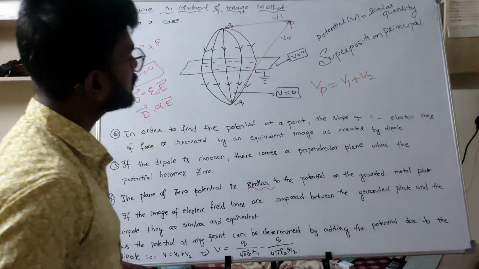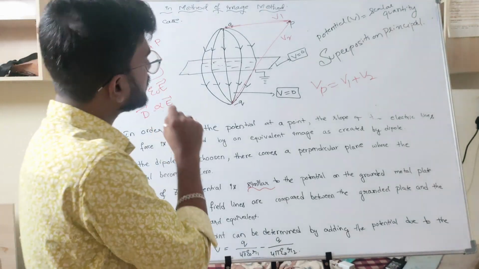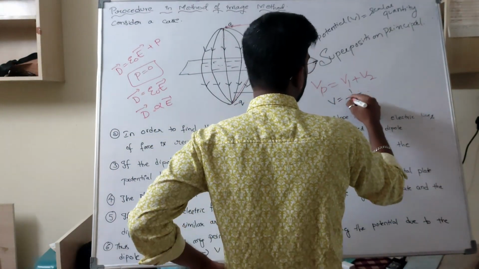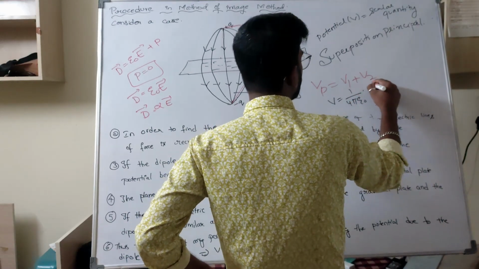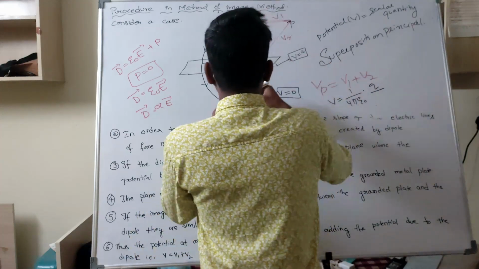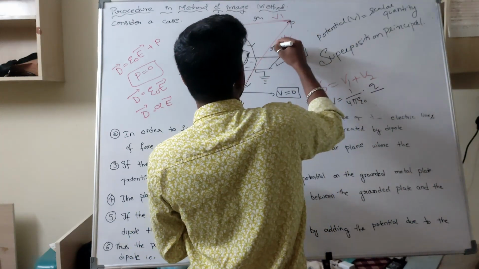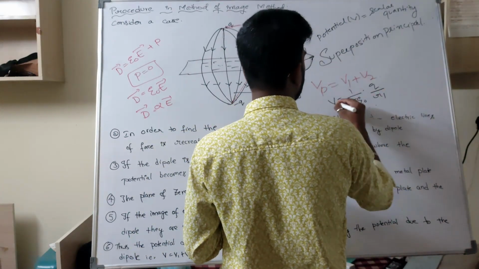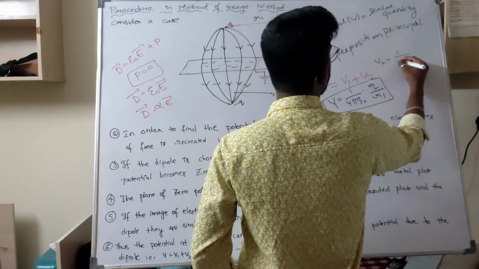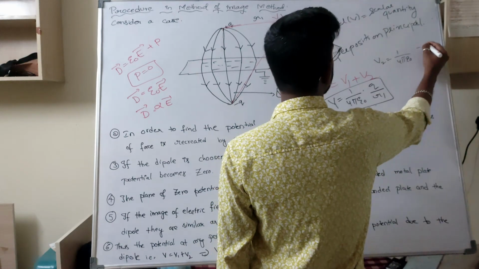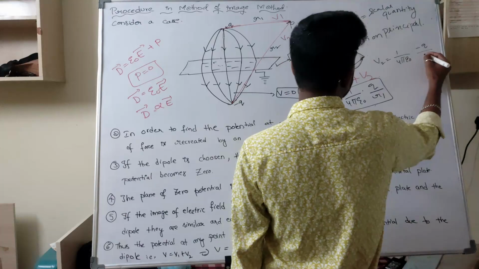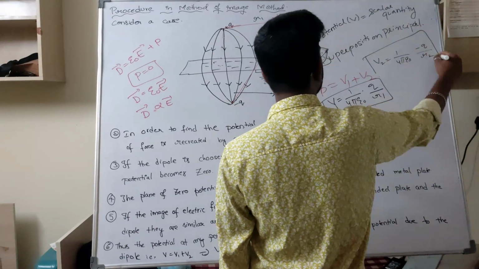The potential at a point due to a charge is given by V equals 1 by 4 pi epsilon naught times Q by R1 for the plus Q at distance R1. This is V1. Now the potential V2 is equal to 1 by 4 pi epsilon naught times minus Q by R2, since this charge is minus Q.